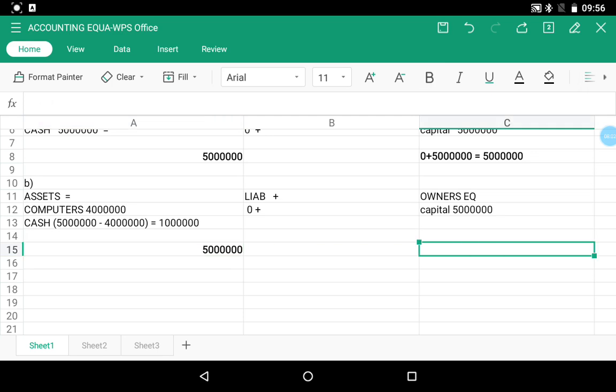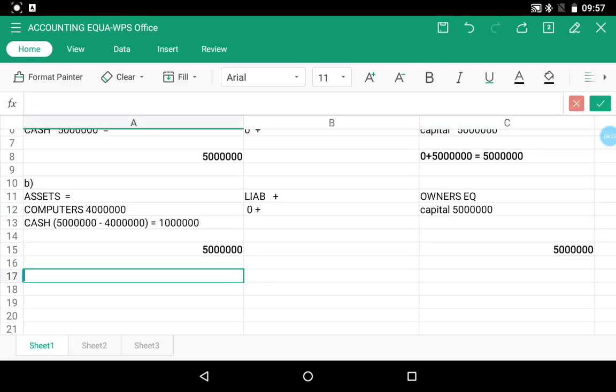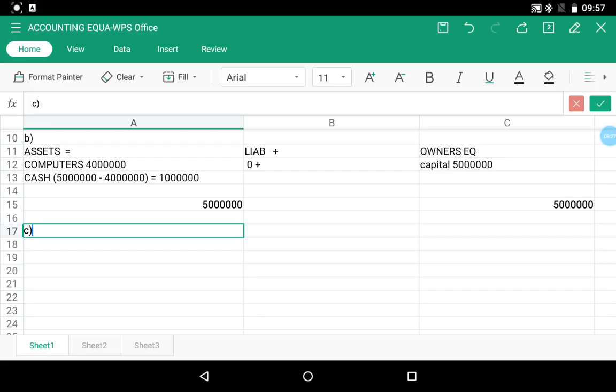Then also the other side, liability, which is 0, plus capital 5 million, we shall get still 5 million. As we have said, this is an accounting equation. Assets must balance with liabilities and owners equity.